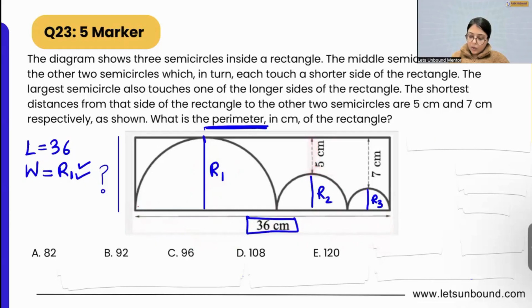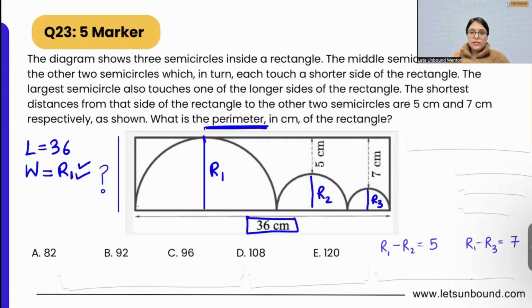Can I say that if I get the total value, and if I subtract R1 minus R2, I will get this 5 centimeter. Yes. Similarly, if I subtract R1 and R3, I will get this value, that is 7 centimeters. Simple. Okay, so I get two information. R1 minus R2 is 5, and similarly R1 minus R3 is 7.